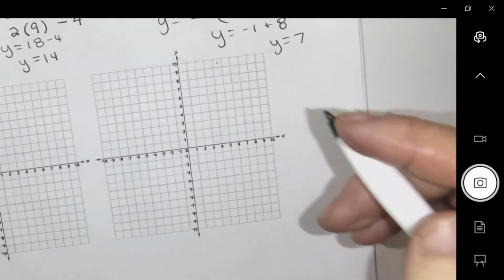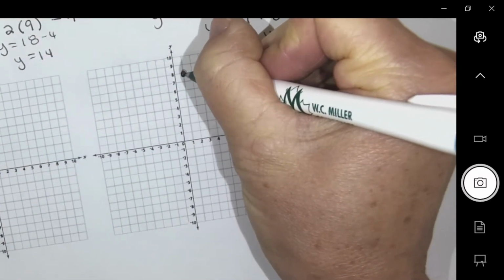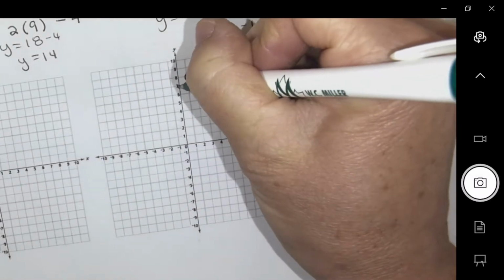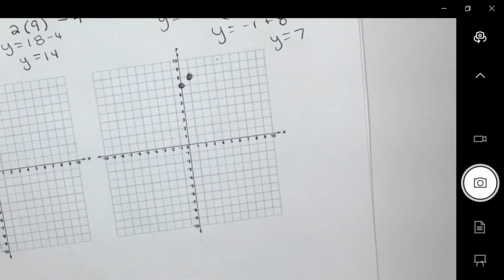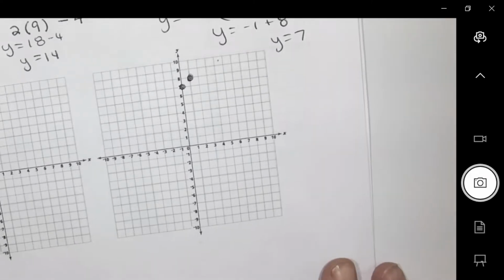Okay, and then the second one is (1, 8). So that's what that looks like. And we had a y-intercept of 7, so I can actually just put that on there because it fits. Okay.